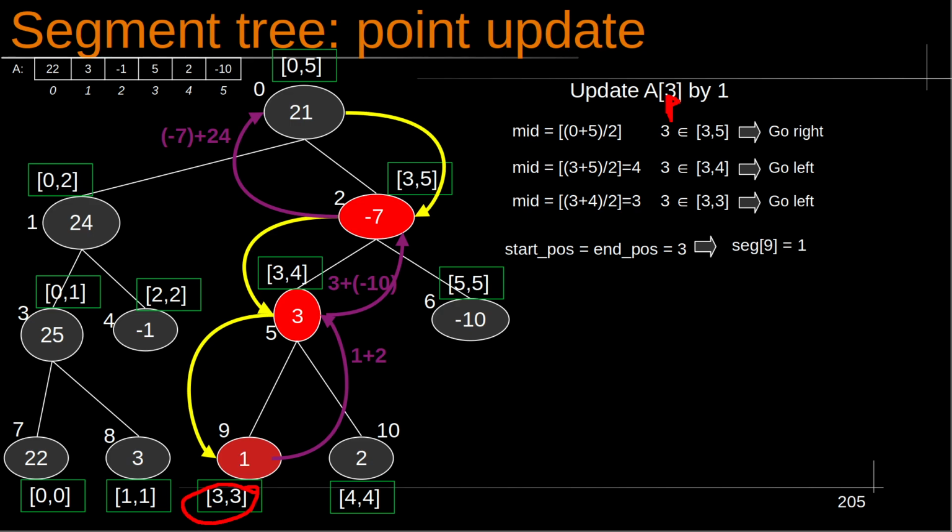Minus 7 plus 24 is equal to 16. This is how to update a node in the segment tree, because I just update one cell, one element in the array. It's not a range update, it's a point update.